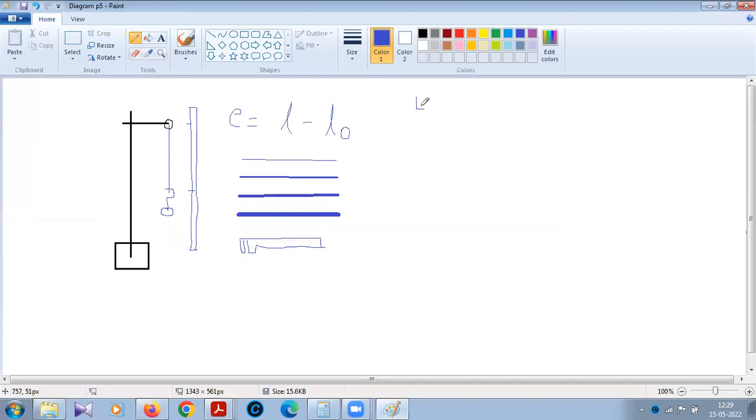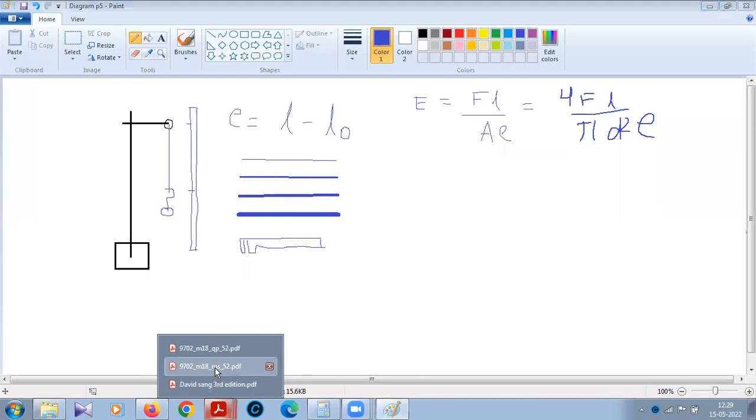E is equal to 4FL upon pi into d square into gradient. Force into length upon area, and I can write the area as pi d square by 4. So 4 will go in the numerator. What we are plotting is e against 1 by d square.